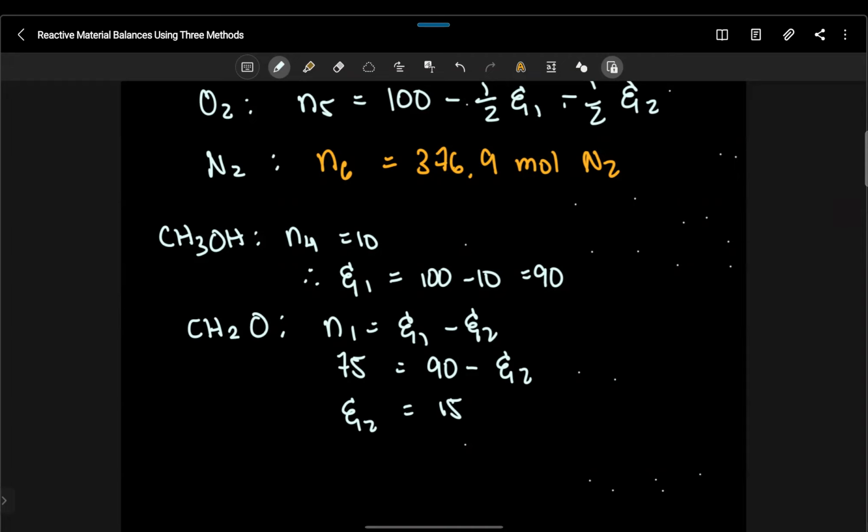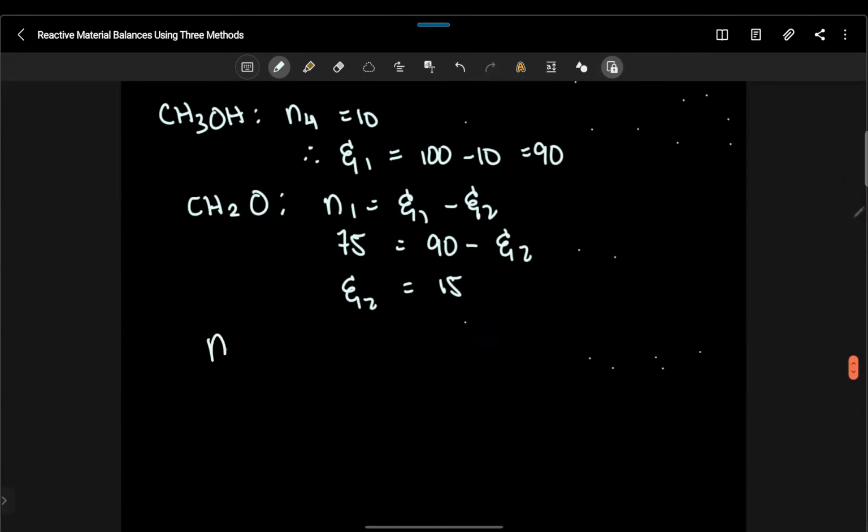Okay? So, halimbawa, si N2, sabi natin kanina, si N2, which is for water, no? For water, N2 is extent 1 plus extent 2.